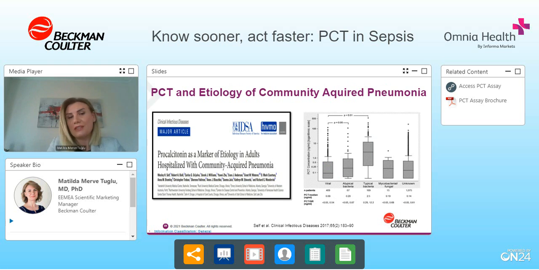After all, some questions were raised. Can procalcitonin measurement help differentiate between bacterial infection and other kinds of inflammatory processes? This is the study where investigators evaluated the accuracy of procalcitonin to discriminate between viral and bacterial pneumonia.